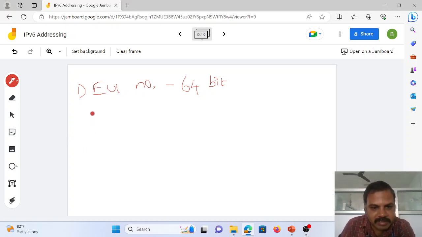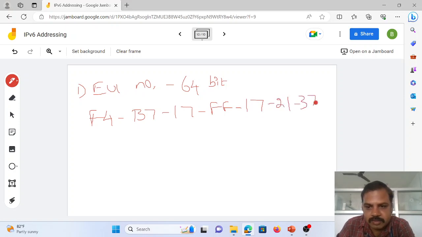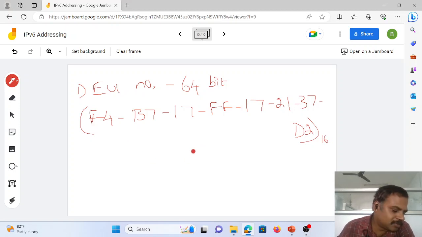The hexadecimal number they have given is F4, B7, 17, FF, 17, 21, 37, D2. So it is a hexadecimal base.